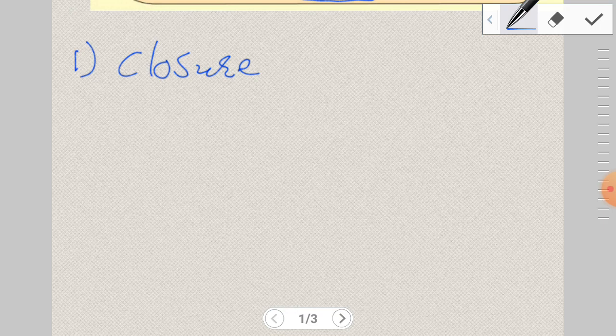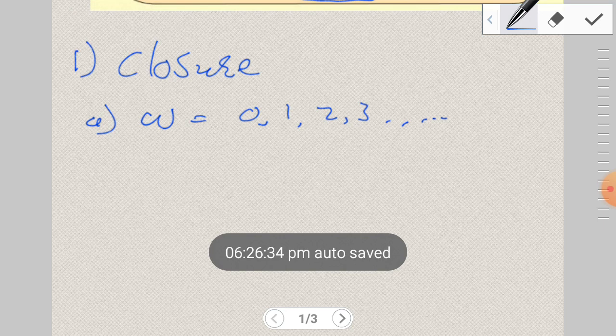In the closure property we will first take whole numbers, which include 0, 1, 2, 3, infinitely many numbers, as we have discussed here.